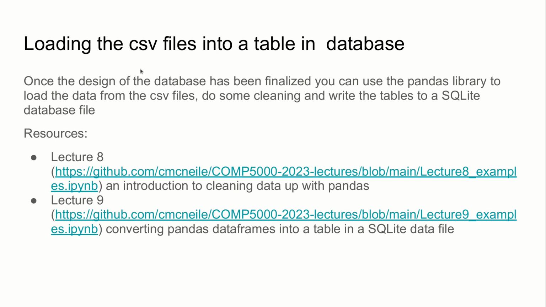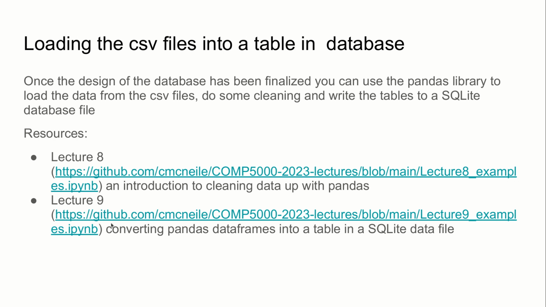Then after you've done the design, you have to do some coding to load the CSV files into a table in the database. I suggest you use the pandas library to load the data from the CSV files and do some cleaning. We discussed in lecture 8 an introduction to cleaning up data with pandas.